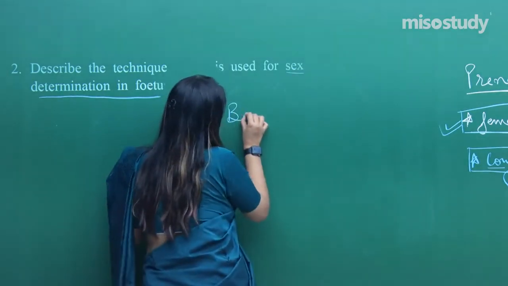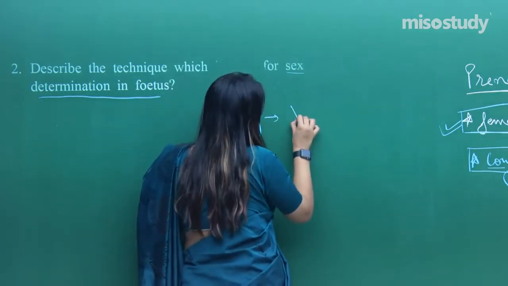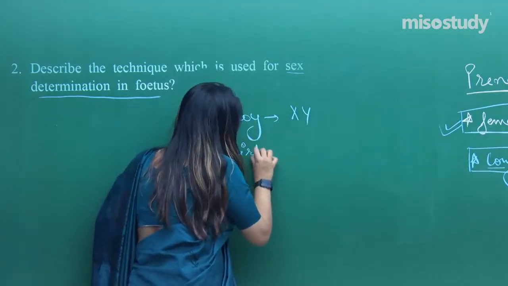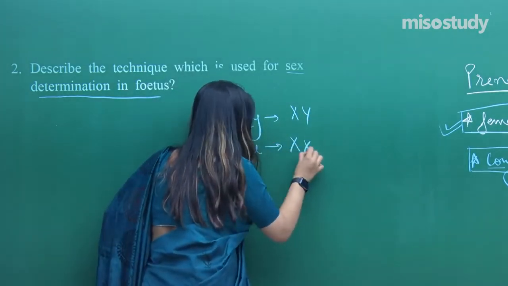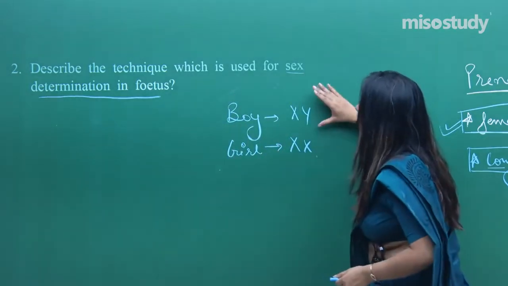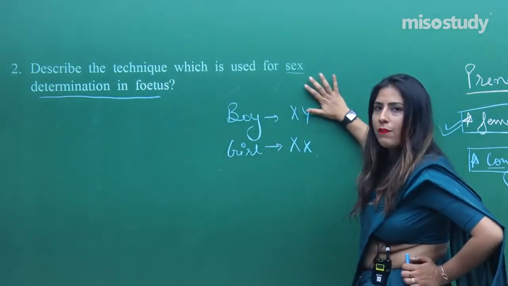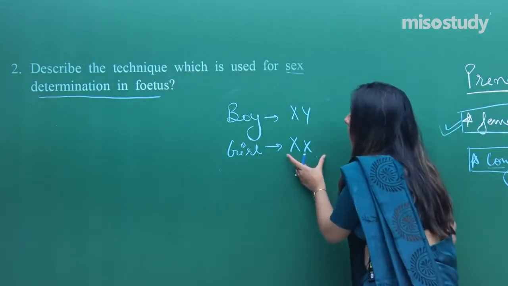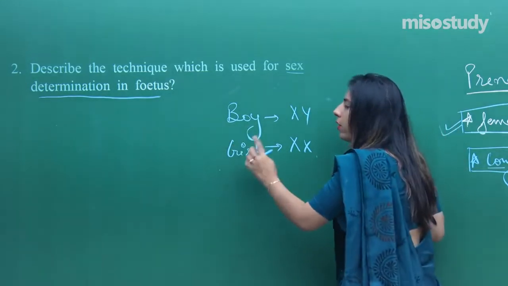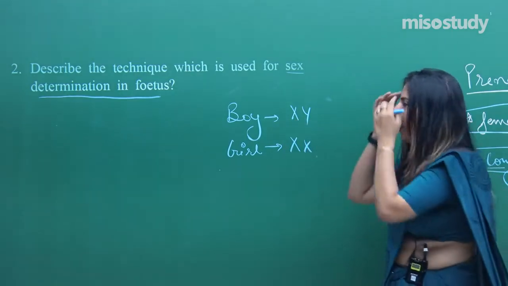If it is a boy, it will have XY chromosomes, right? If it is a girl, it will have XX chromosomes, right? So we have to detect whether the fetus has XY chromosomes along with autosomes, or XX chromosomes. Depending upon that, we can get to know whether the child is a boy or a girl, right? We need to check that, right?